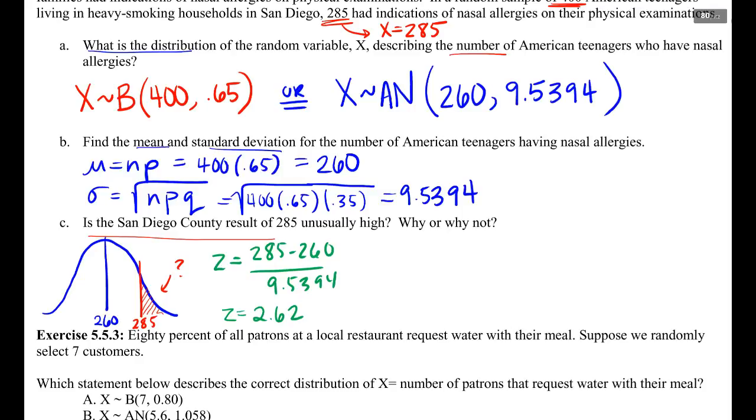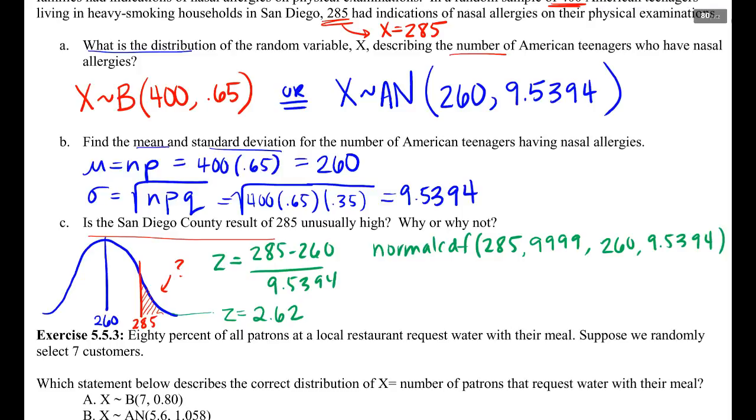And if we wanted a probabilistic way of looking at it instead of just a z-score, we could do normal CDF. Our lower bound of what we're interested in is 285. Our upper bound doesn't exist because we keep going forever, so we throw in a ton of 9s, or our E99, and then we put in our mean and standard deviation that we calculated.